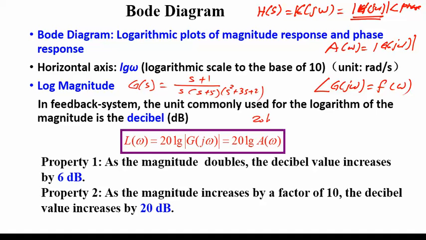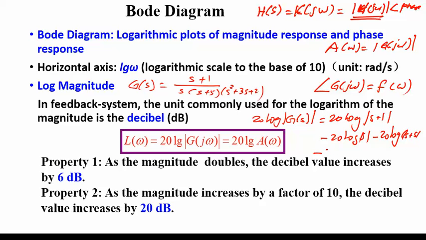So 20 log of the magnitude of G of S in this case is 20 log of the magnitude of S plus 1, minus 20 log the magnitude of S, minus 20 log the magnitude of S plus 5, minus 20 log the magnitude of S squared plus 3S plus 2.